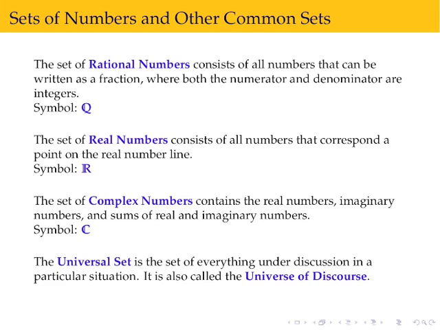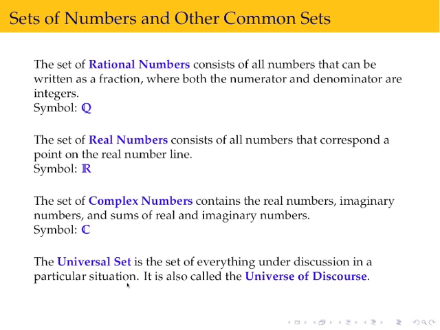And finally, every problem will have its own universal set. Whenever we're talking about a set of months, we'll have the universal set that has all of the months in it. So if we are talking about a set of numbers, well, we have several sets of numbers that we could use as the universal set.